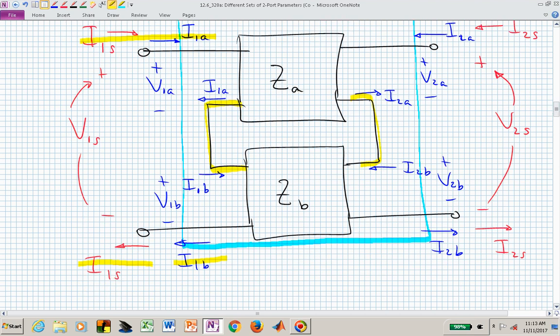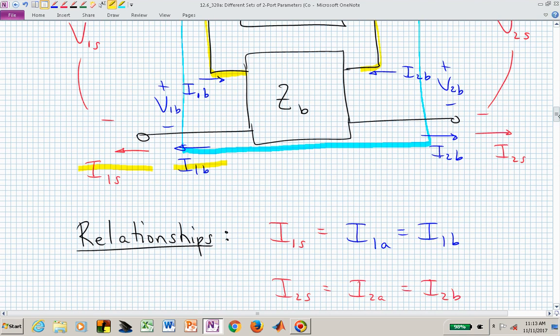So we maintain this port current requirement, and you could do the same logic on the port 2 side of this combination of Z sub A and Z sub B to see that the relationship also holds for I sub 2s. So now we know that those 1s and 2s current-wise are equal.